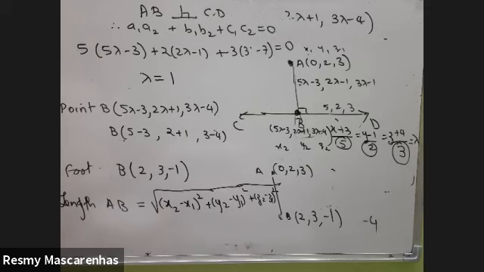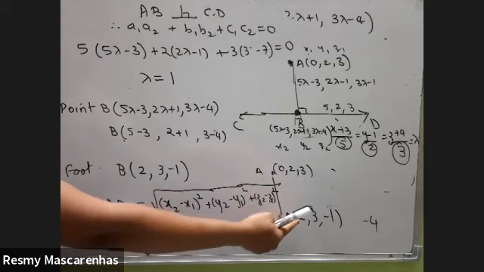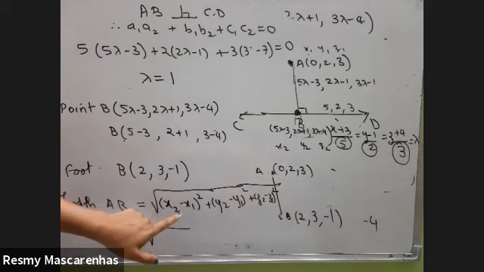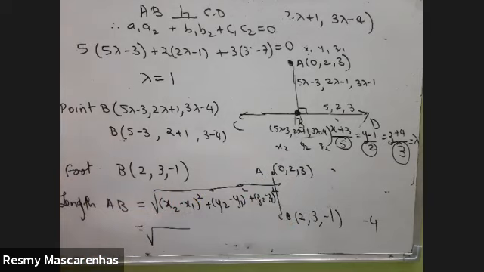And write units for that at the end. Centimeters or meters, if not specified, you still have to write units. Whichever way you do x2 minus x1, this minus this or the other way, you'll still get the same answer, because finally you are squaring it. So minus also, squaring will give you plus. Whichever way you want, no problem.